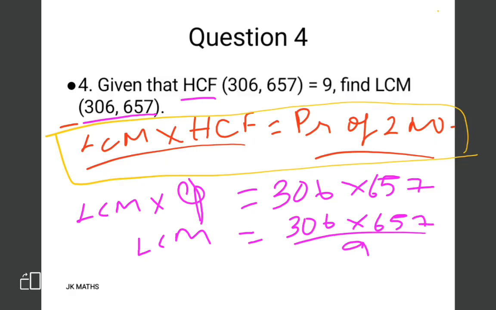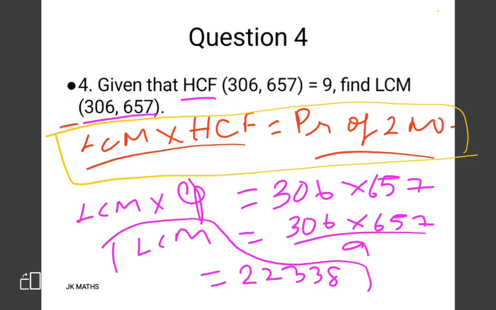So the answer will be 22338. This will be your LCM. The only thing you have to remember is the formula LCM into HCF is equal to the product of two numbers. Once you remember this formula, you can do the sum in an easier manner.